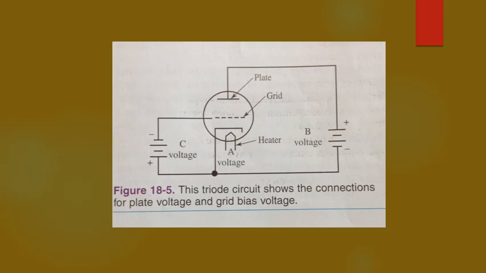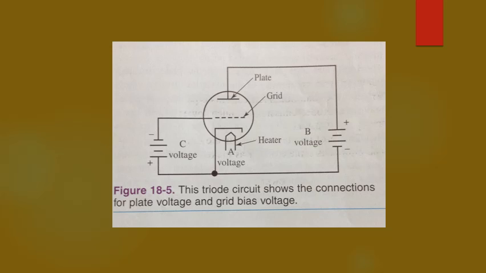Triode. A triode is a three-element tube made of a cathode, plate, and a grid. The triode was developed by Dr. Lee de Forest. In his experiments, de Forest inserted a fine wire mesh between the cathode and the plate of the tube. In doing this, he was able to control the electron flow through the tube.